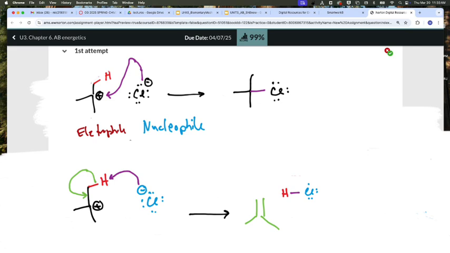If we now go through and try to label things, what did the chloride act as? What did it do? It acted as a base. It accepted a hydrogen. What did the other structure do? It lost its hydrogen, therefore it acted as an acid. And this chemical reaction would be called elimination.